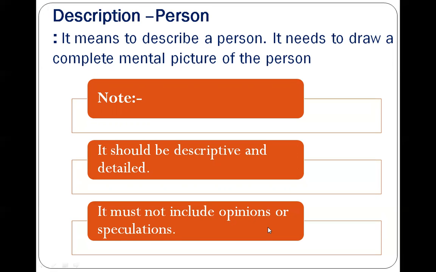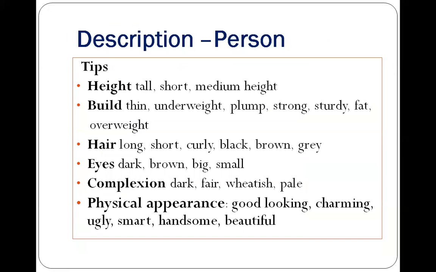You have to write in general about the person and don't give any fake information. Don't write about any facts based on assumptions. You have to be very particular about writing about that person, and in general the person's details are to be mentioned, right?